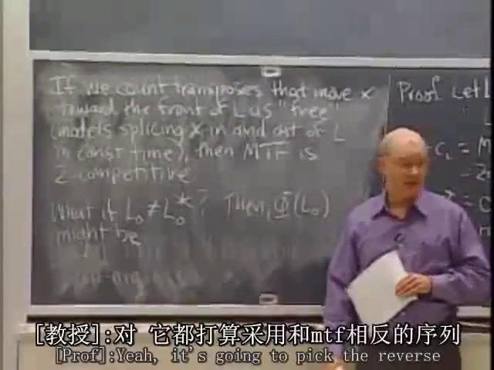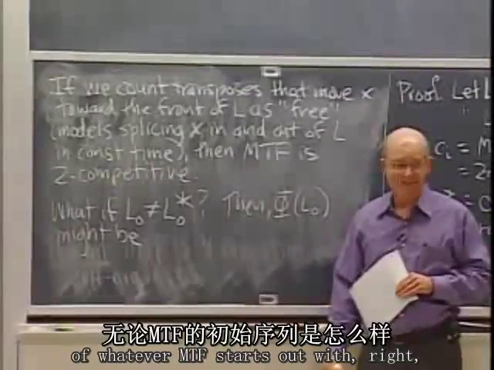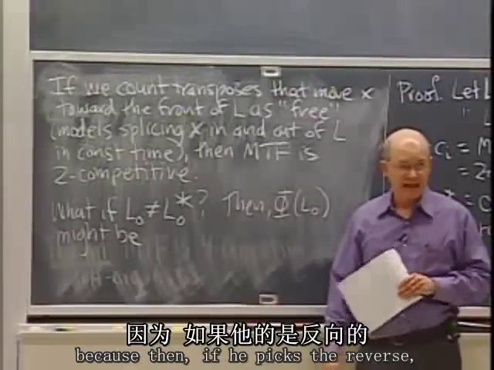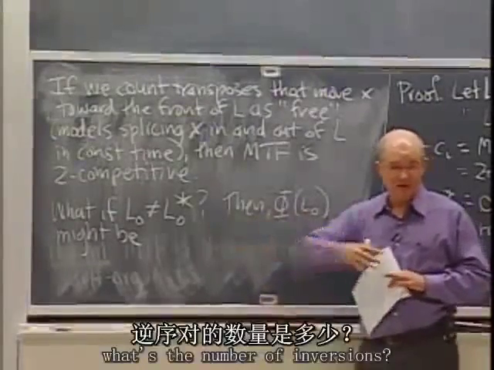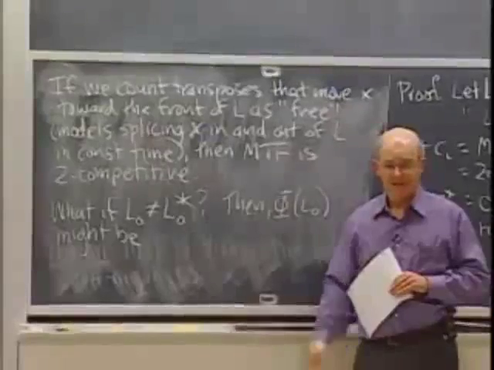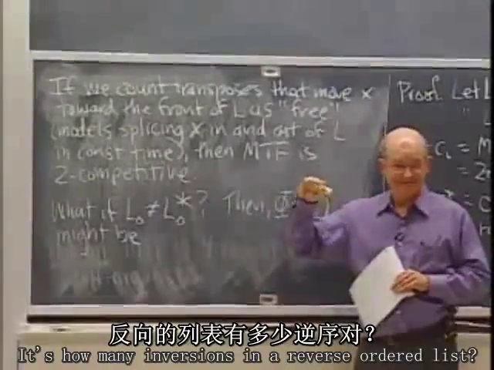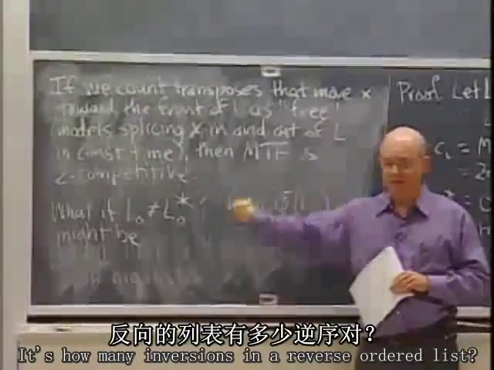Yeah, he's going to pick the reverse of whatever MTF starts out with, right? Because then, if he picks the reverse, what's the number of inversions? How many inversions in a reverse-ordered list?